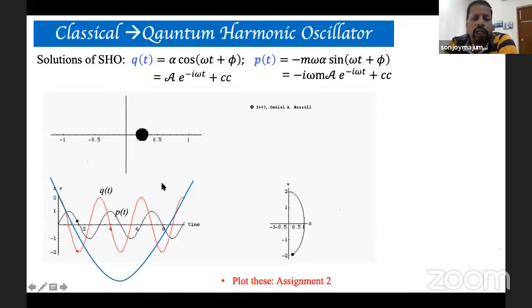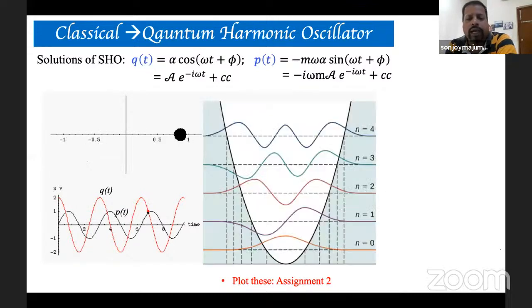Now, if I make this potential microscopic, if I narrow it down, what would happen? Once we narrow it down to a very micro-sized width, the energy which I stored will be quantized.